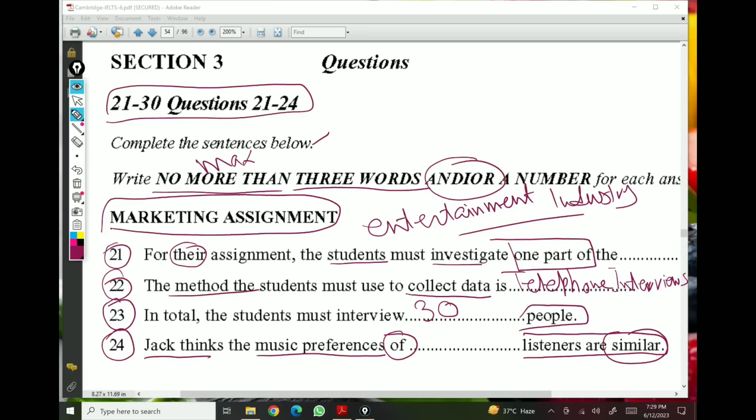If he says the musical preference of men and women, they are entirely different. On the other hand, the music preference of young people and old people, they are 100% opposite. But you will find it surprising. The music preference of women, that is the same. Answer is women. So you've got to listen carefully. Where preference is similar or the same, that will be your answer. Where preference is different, that is not your answer.